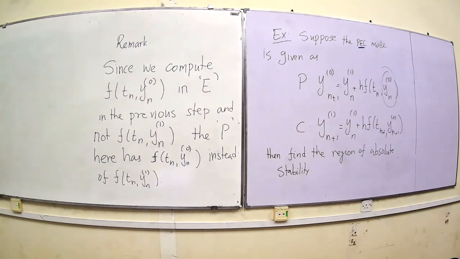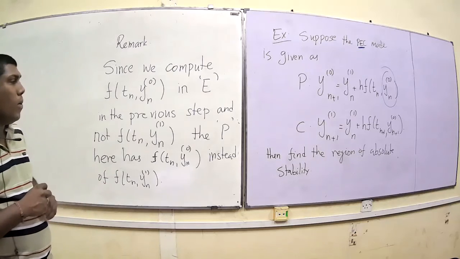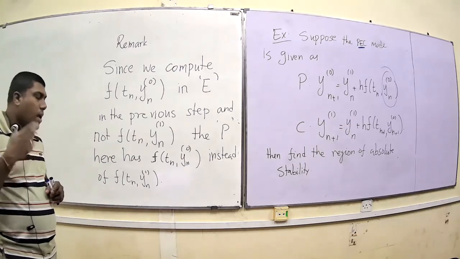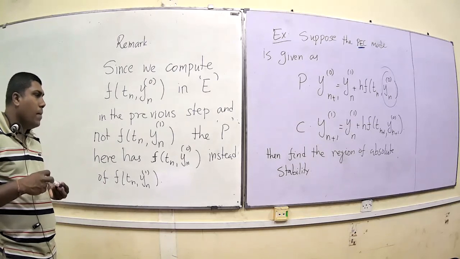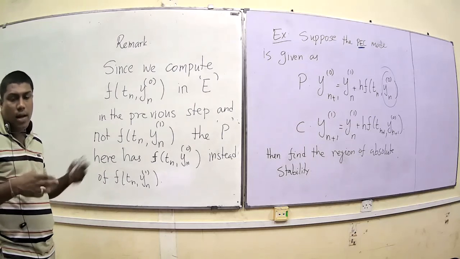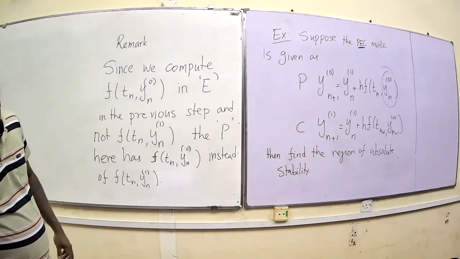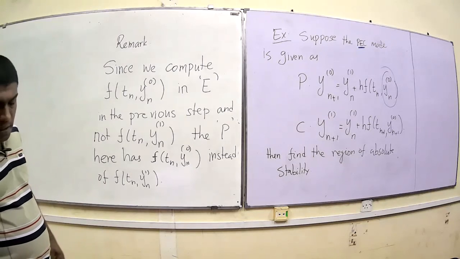You should see that. That is a big difference, and because of it you are going to have a different way of getting a polynomial to get the absolute stability region, a different type of condition. So as an exercise, you can try working on this and develop the results.